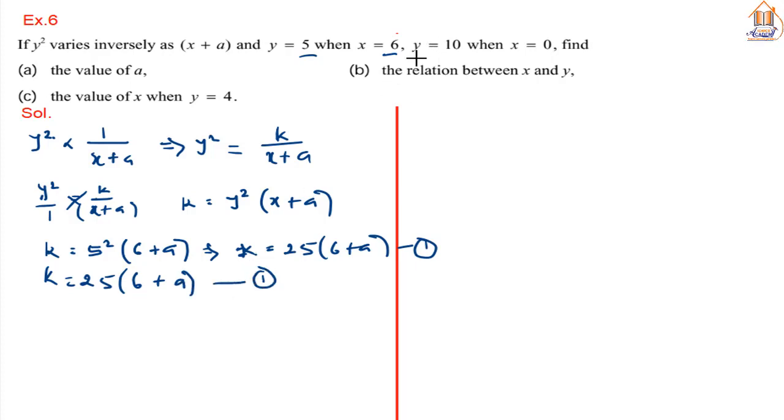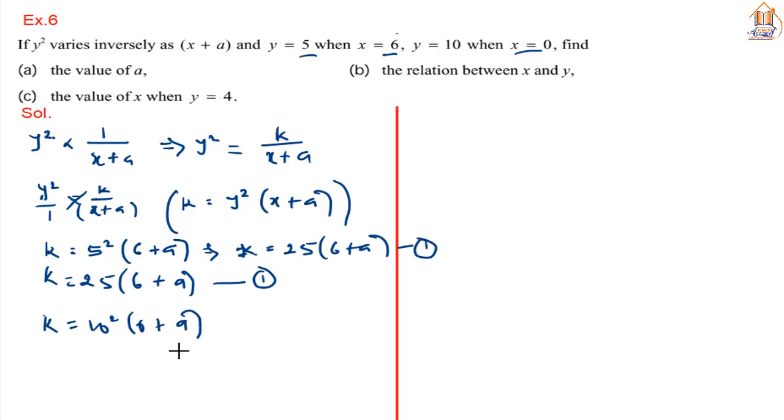Now let's go back to the second statement. We say that y is equal to 10 when x is equal to 0. So from this relation, k is equal to 10 square open bracket x plus a close bracket, and our x here is equal to 0.